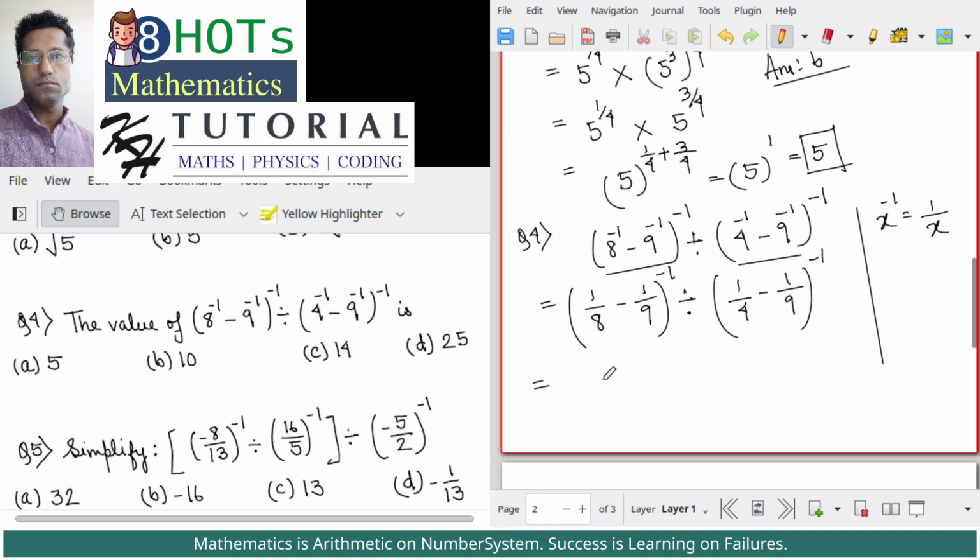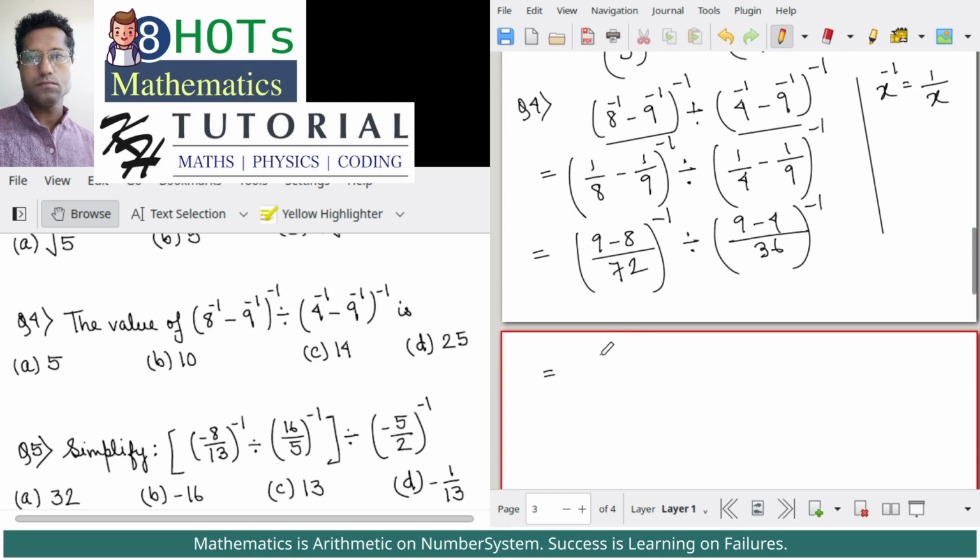This is a difference of two rational numbers. So it will be 9 minus 8 divided by the LCM of 8 and 9, which is 72, this whole raised to the power minus 1, divided by 1 by 4 minus 1 by 9, which is 9 minus 4 divided by 36, this whole raised to the power minus 1.